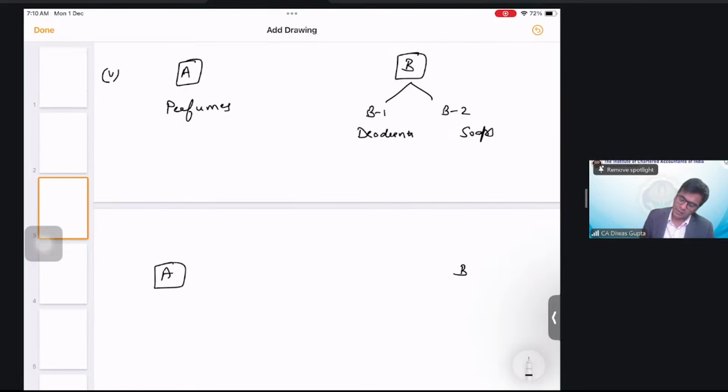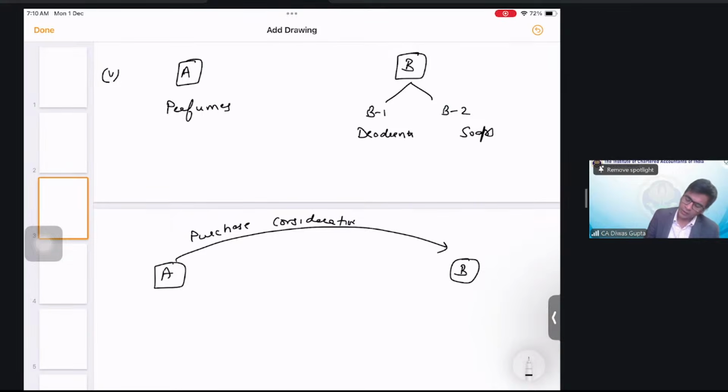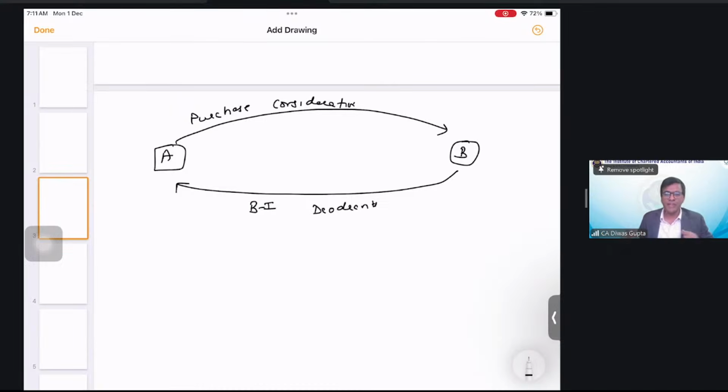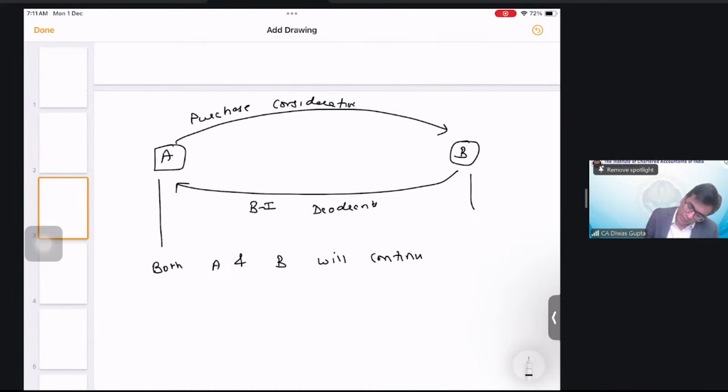So A will just purchase the deodorants business from B. So A will pay the purchase consideration to B, and B will transfer the deodorants business to A. So both A and B will continue with their separate legal identity.